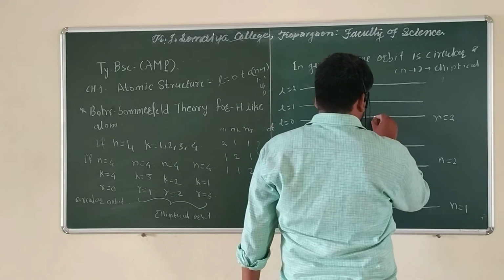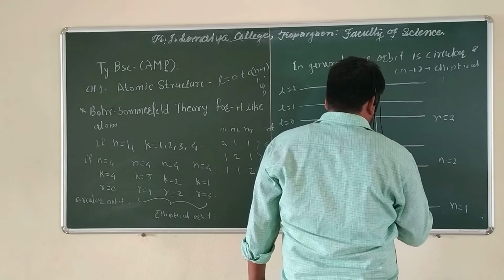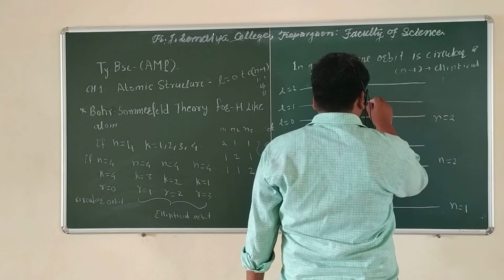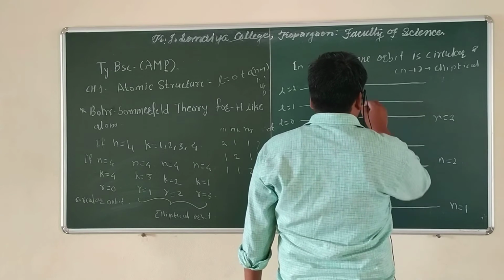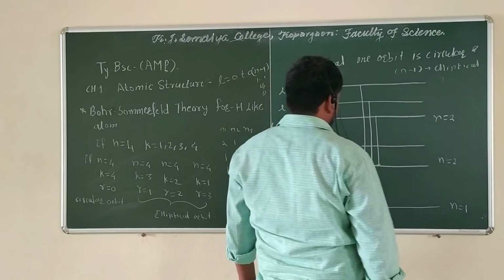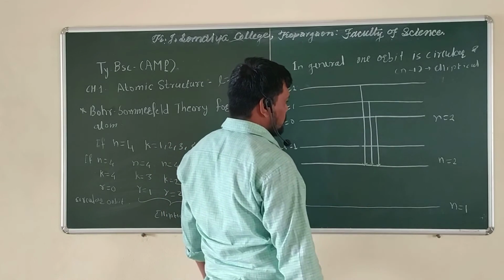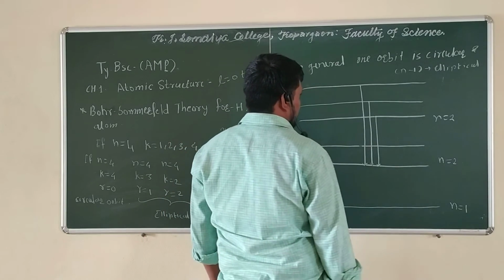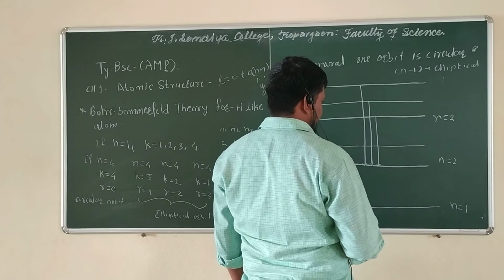So L is equal to 1 to 0 or 2 to 0. Okay, so this is the transition from n is equal to 3 to 2, from the third orbit to the second orbit, with the corresponding energy state.